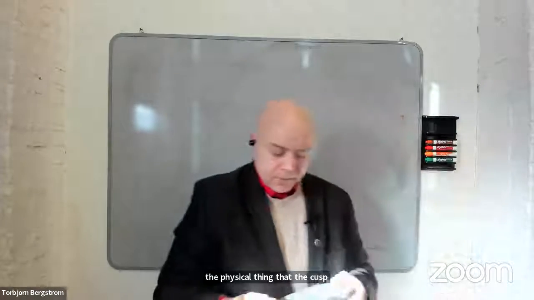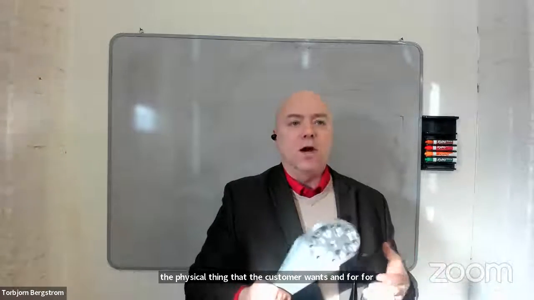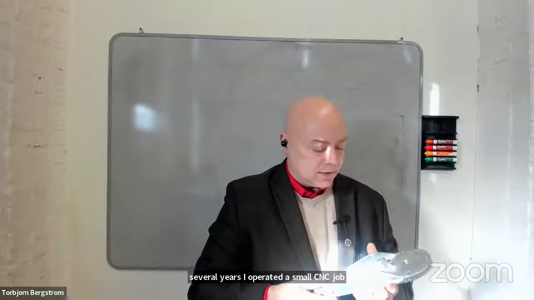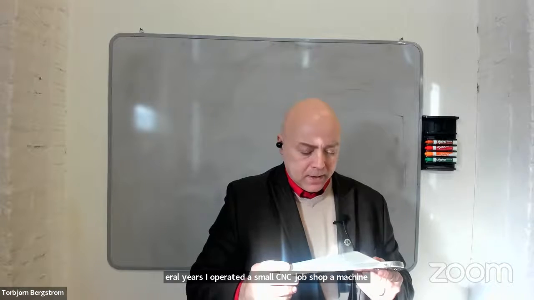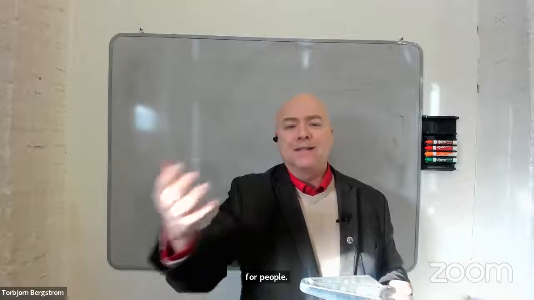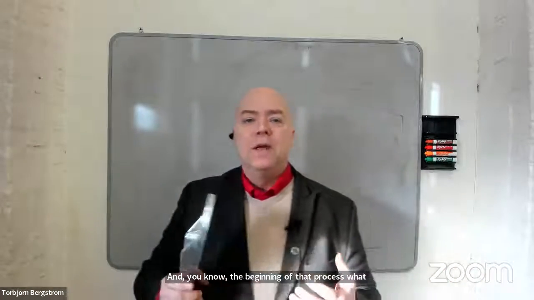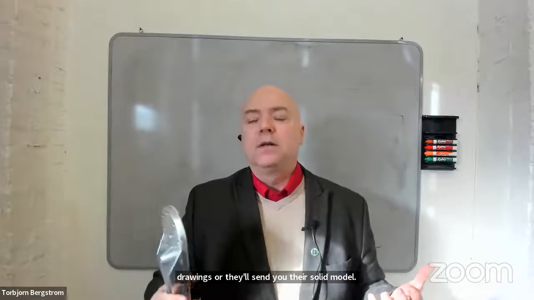And for several years, I operated a small CNC job shop, a machine shop that made parts like this for people. At the beginning of that process, somebody will send you their drawings, or their solid model, and ask you for a quote.